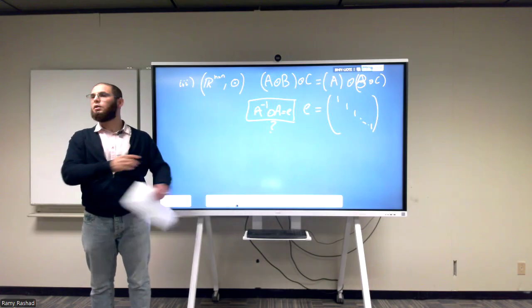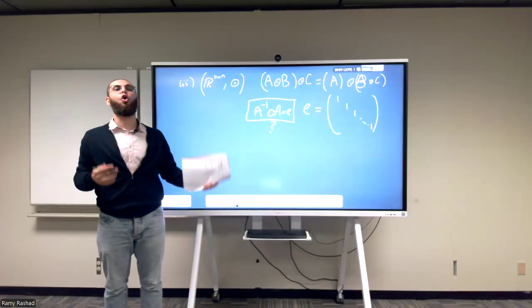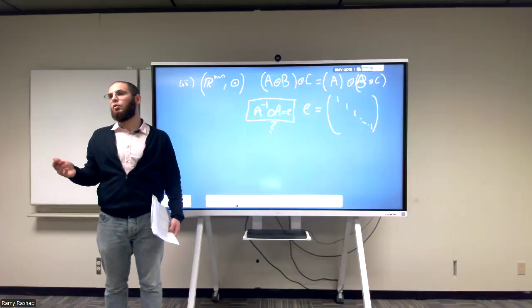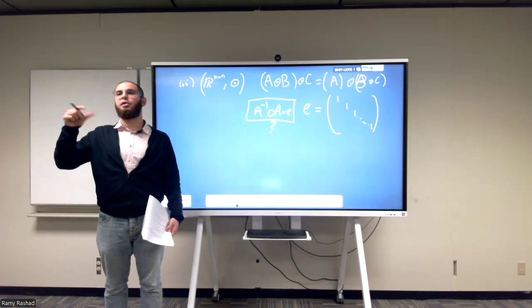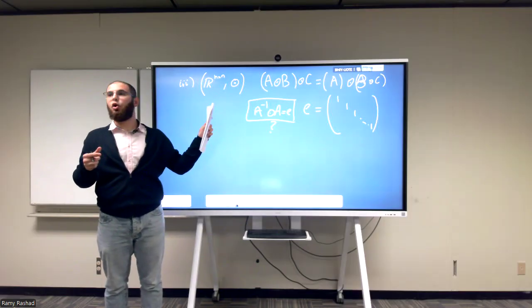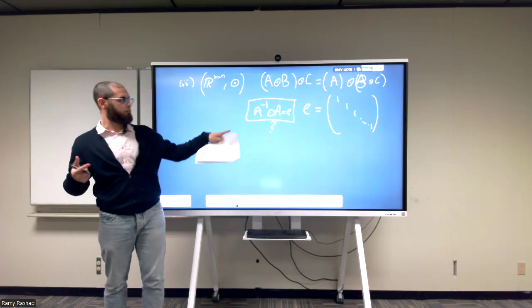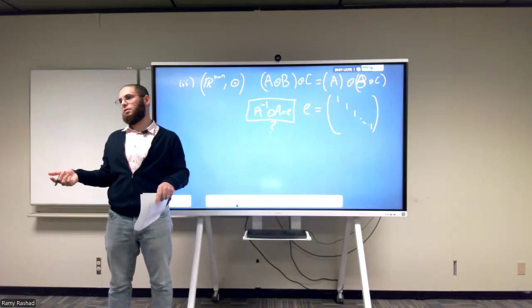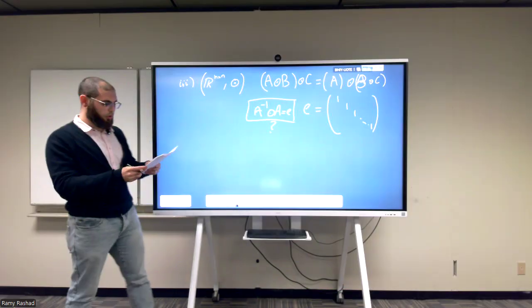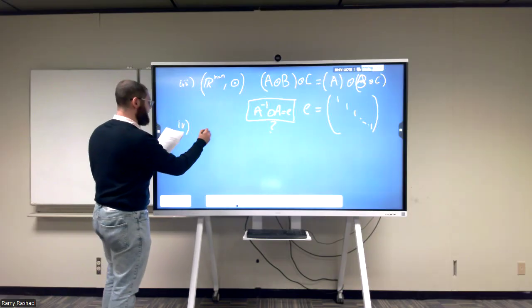So in general, it's not valid for all. Of course it does not, because this is the set of all square matrices. There is another subset of this big set that we call the set of all invertible matrices.